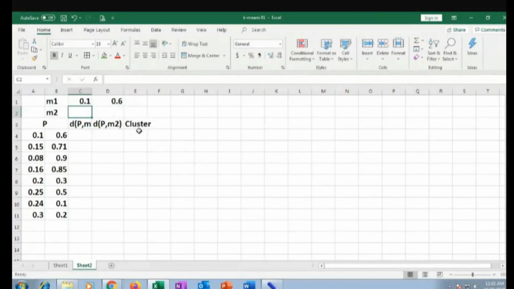0.6. I write it separately so that I can do the calculation easily. M2 is the last point, so it will be 0.3 and 0.2.